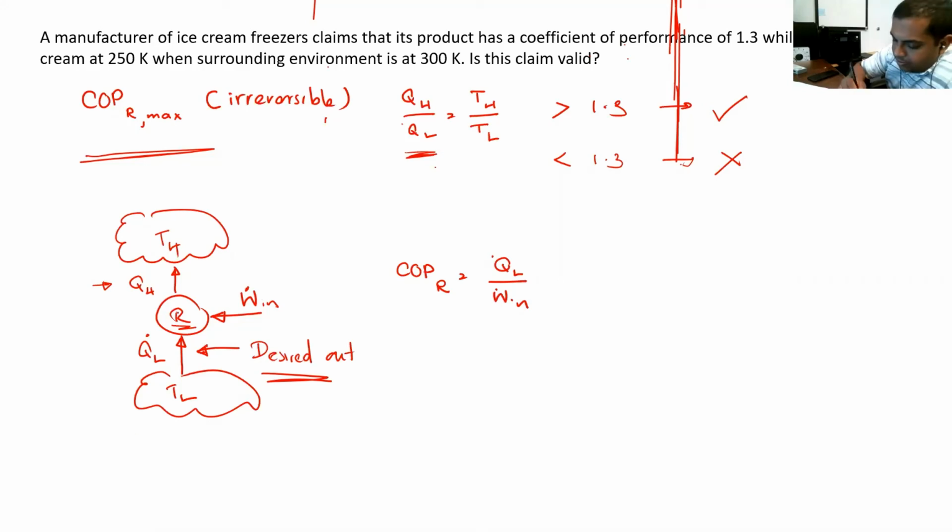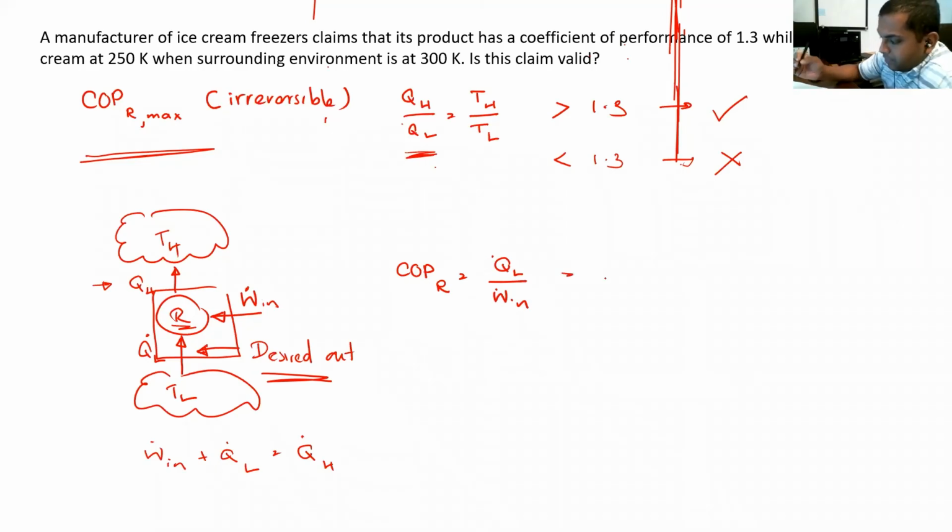Let's write an energy balance for this system. Energy balance is going to be W dot in plus Q dot L is equal to Q dot H. So we are going to get rid of this W in. We have Q dot L divided by Q dot H minus Q dot L, right?